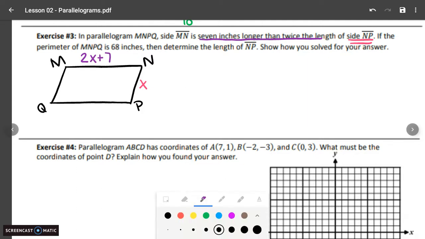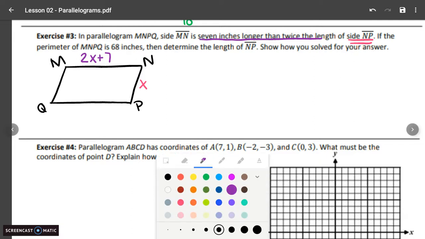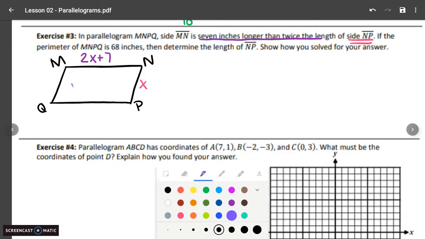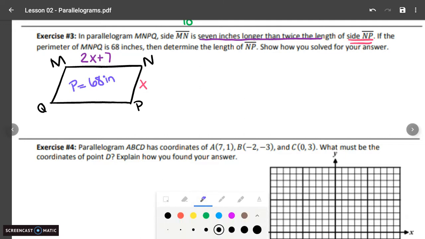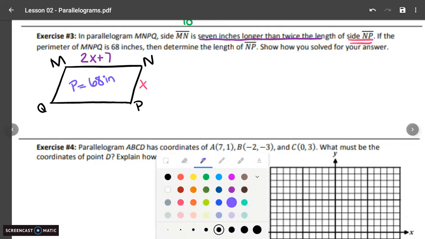The other piece that they give us is that the perimeter is equal to 68 inches. And remember, the perimeter is when we add up all the sides. Right now we have 2 of the sides, but one of our properties is that opposite sides are congruent.